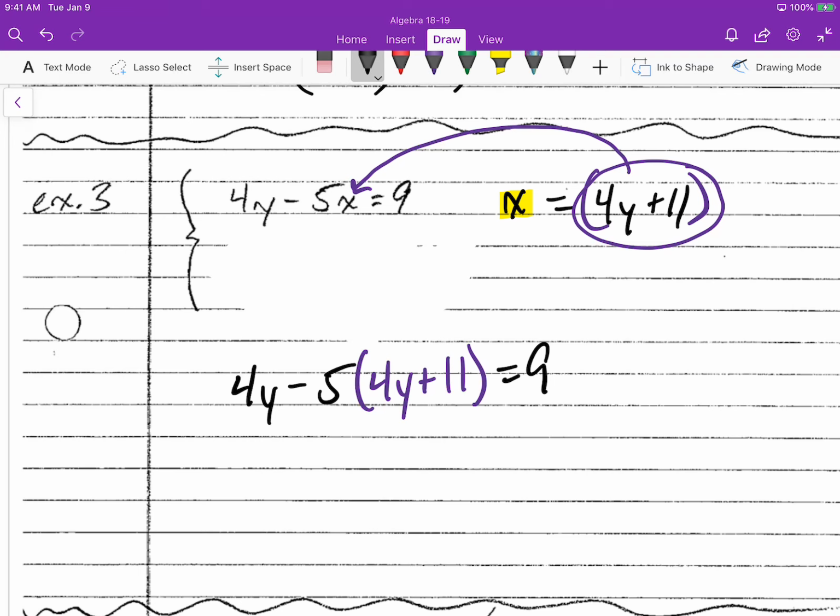Well, this is just going to be a little bit of a tougher algebra problem because I got some throwback ideas. I have to think about distributing a negative 5 here first. So I'd have 4y minus 20y plus, or excuse me, not plus, a negative 5 times 11 would be minus 55 equals 9.